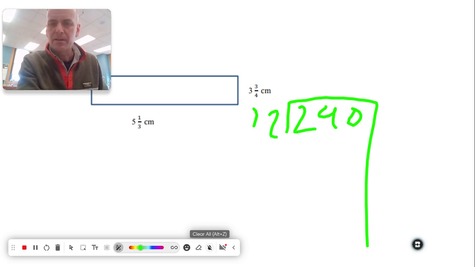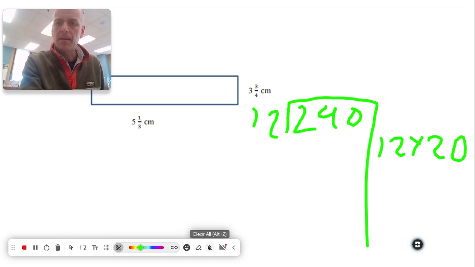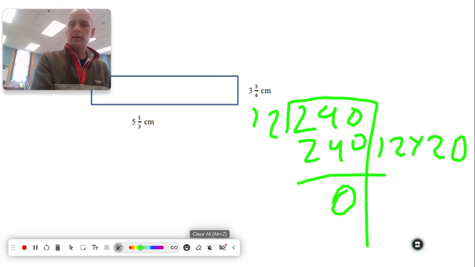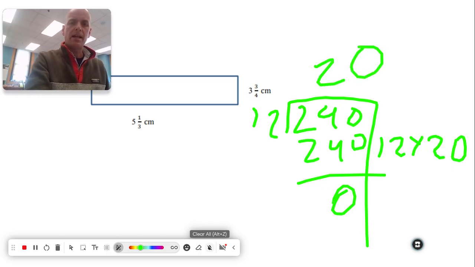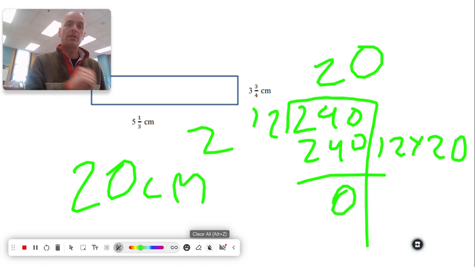No, that's 144. Sorry. Is 20 going to work? It's going to work. So it's 20. So the area of this is 20 centimeters squared, because there's only 2 dimensions.